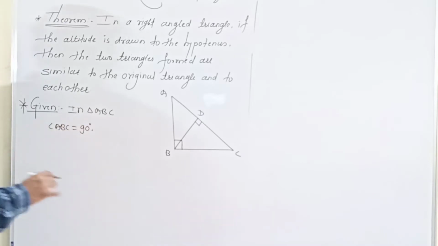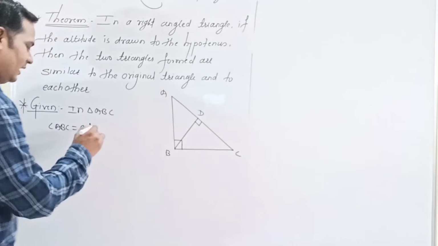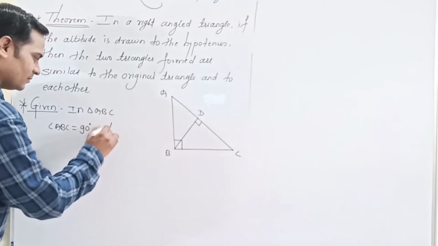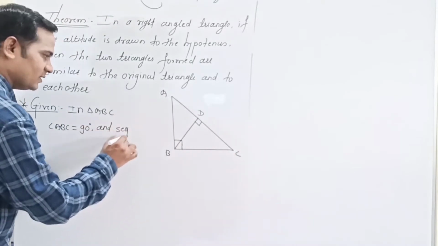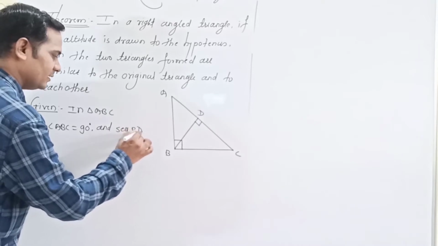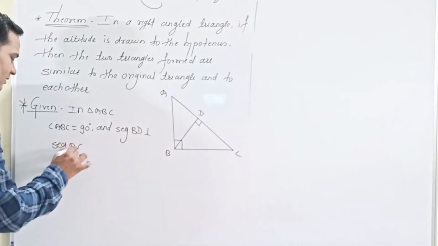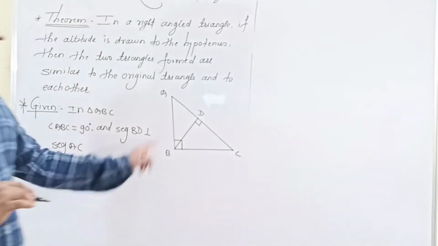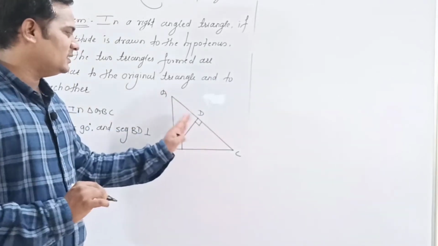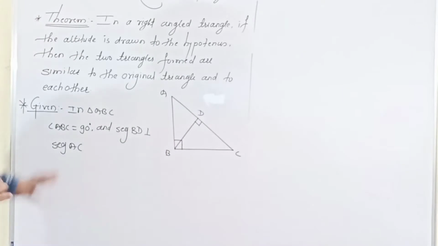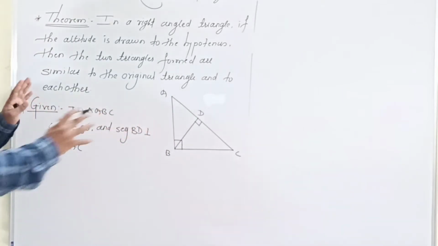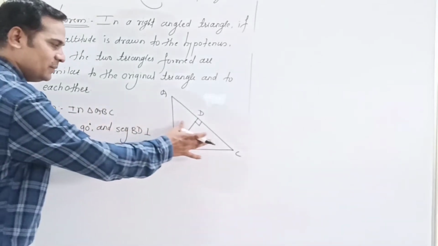Okay, now this is the 90 degree, and segment BD is perpendicular to the AC. Now this BD is perpendicular to the AC. Now this much is there in a figure, so whatever is there in a figure, we write down as a given.